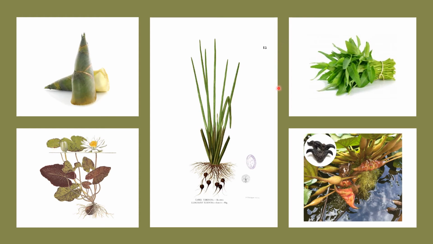Then water morning glory, here your kangkong, and water caltrops. These are all freshwater vegetation, where we can get the metacercariae of Fasciolopsis buski.